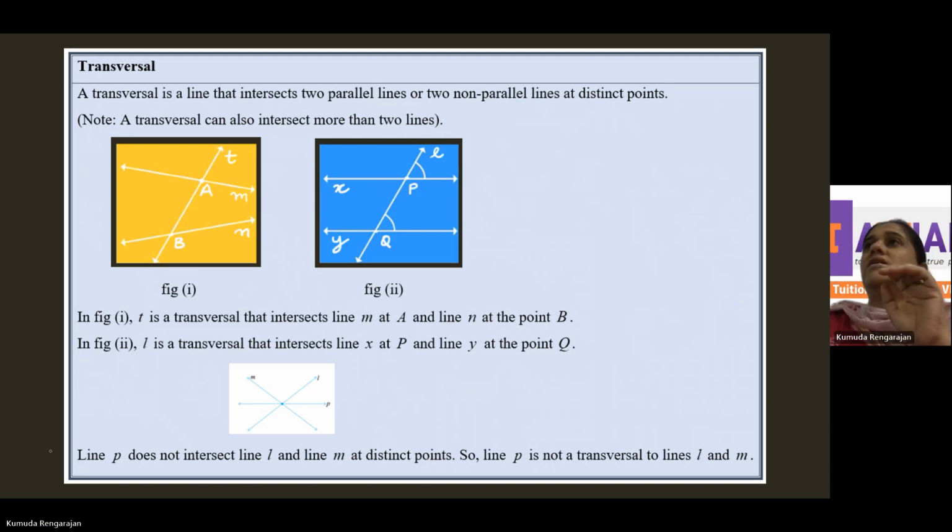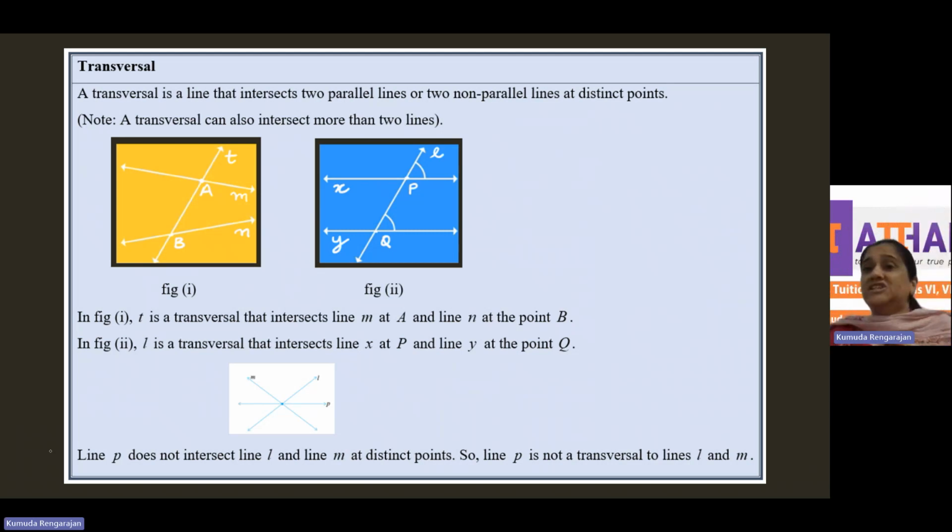So listen to this. To sum up, when two non-parallel lines are intersected by a transversal, corresponding angles are formed, alternate interior angles are formed, alternate exterior angles are formed, co-interior angles are formed, co-exterior angles are formed.